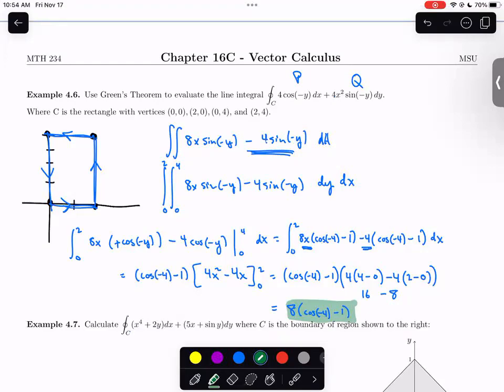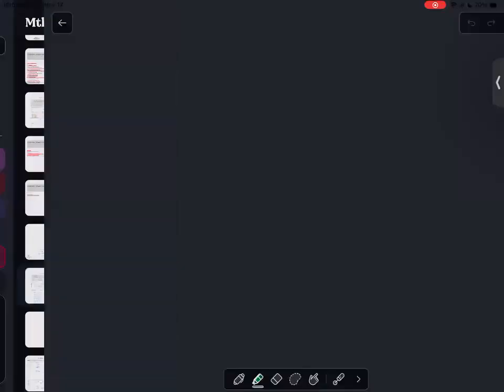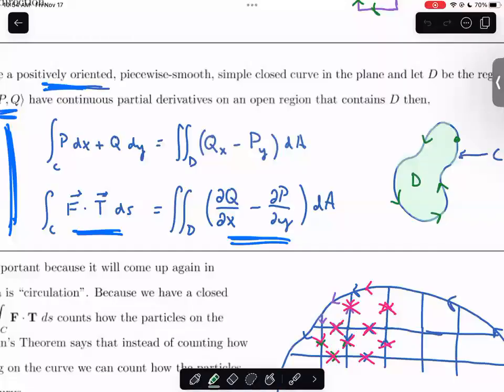So when you're applying Green's theorem, going back to the notes here, Green's theorem is when you want to evaluate a line integral, you need to do Q sub x minus P sub y, or if you want the partial notation, that's fine as well. I believe this is on our formula sheet, by the way.